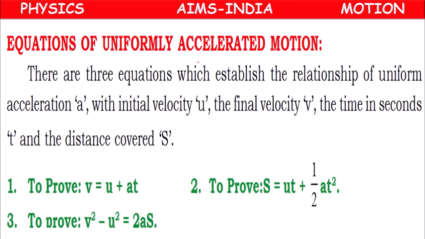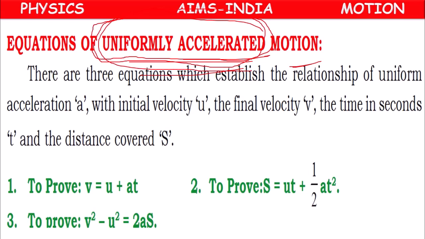For uniformly accelerated motion, means for the bodies whose change of velocity is uniform according to time interval, they are said to be uniformly accelerated bodies. In that type of motion, some equations are applicable. They are called equations of uniformly accelerated motion.